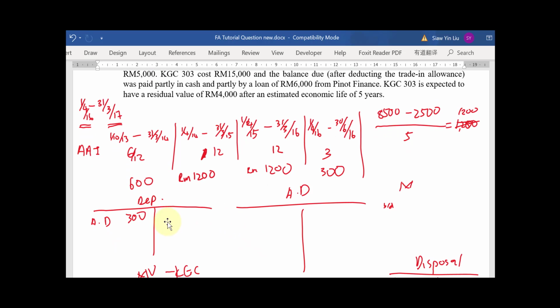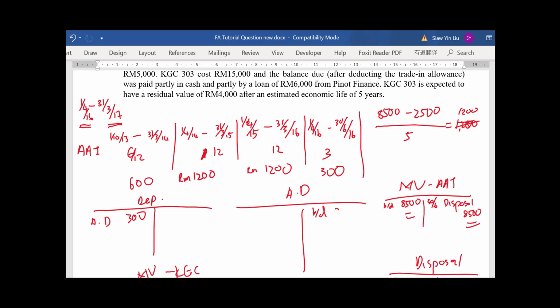So now when we calculate the depreciations, we need to open these 3 accounts: accumulated depreciations, motor vehicles, and disposal. For motor vehicles, we will only do the current year. Current year opening balance, you have 8,500. And the disposal, because we trade in, so you go to the disposal account. The disposal account will have another 8,500.